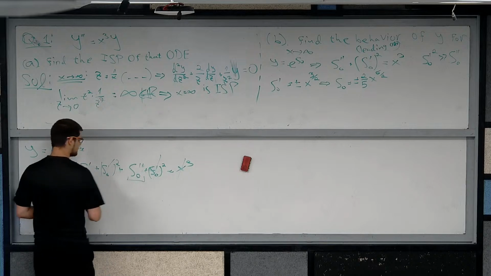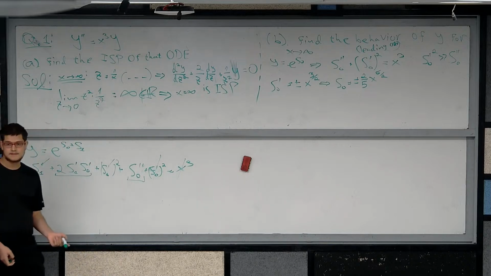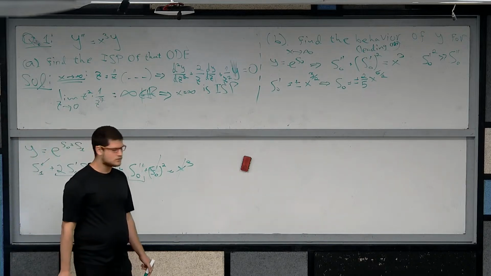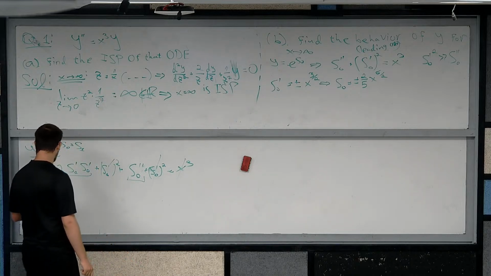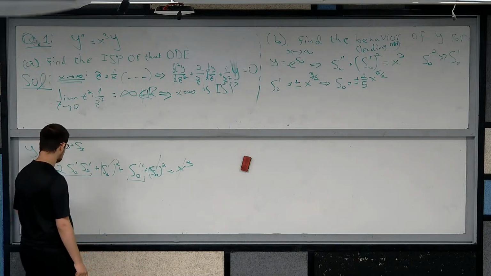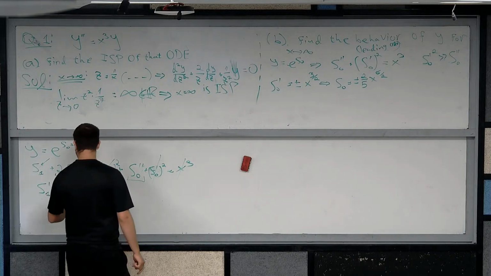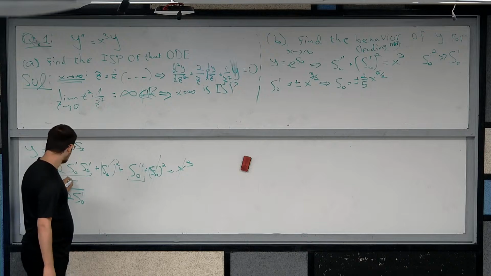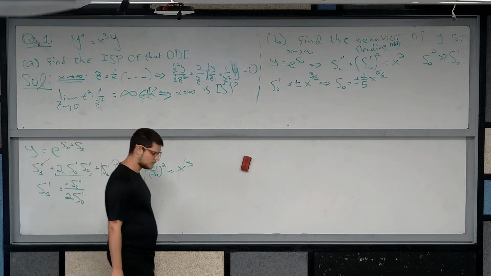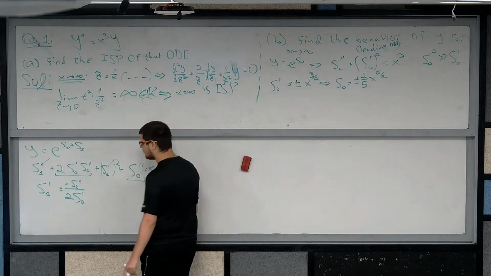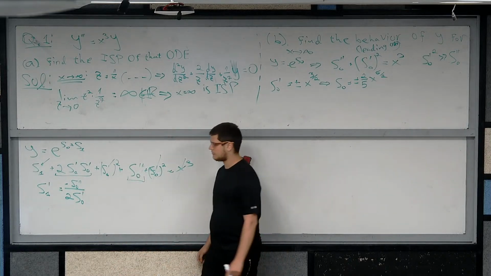Remember that now S0 is a given function. So what we actually get is S1 prime equal to minus S0 double prime divided by 2 S0 prime.